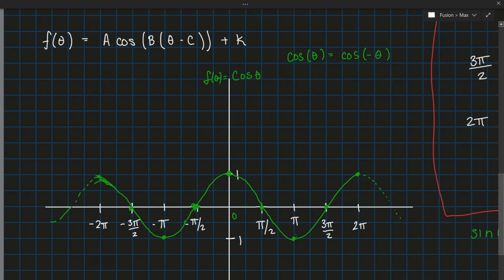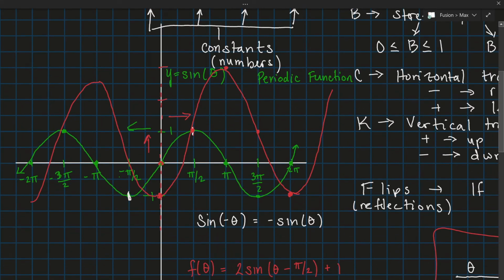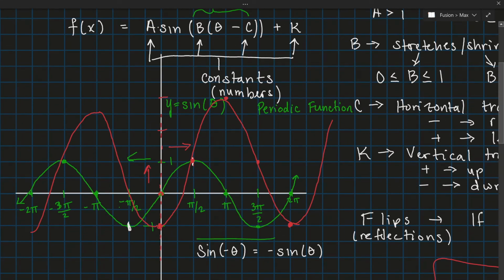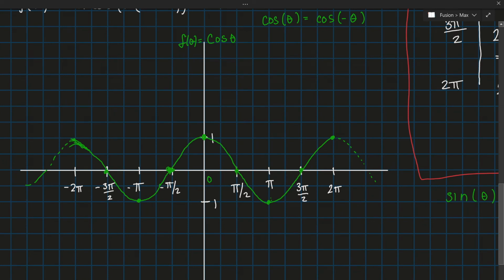So you plug in a negative angle, you get the exact same thing as if you plugged in the positive. Whereas for sine, remember, it was this. If you plug in a negative angle, you get negative as if you plugged in the positive angle. Okay. So that's the base function.